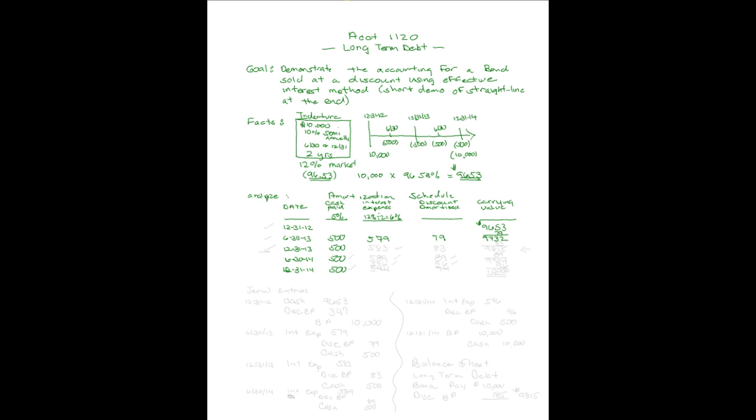That completes the first payment. 97.32 times 6% is 583, and the difference between 500 and 583 is $83 that we're going to amortize out of our discount. Put that in. 97.32 plus 83 takes you up to 98.15.